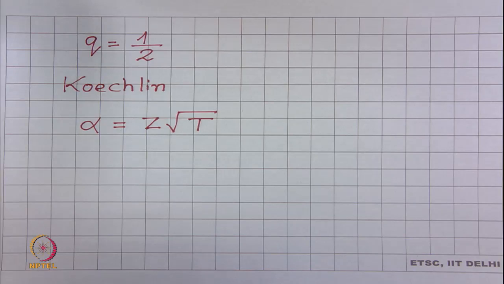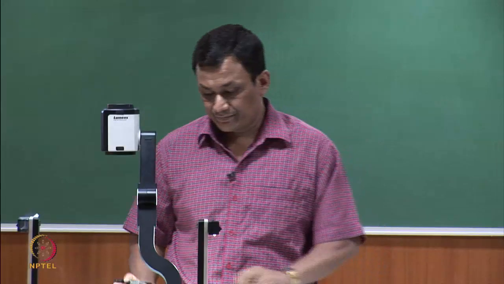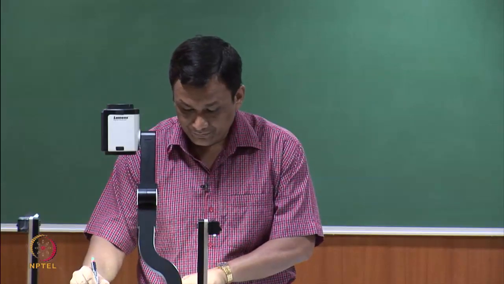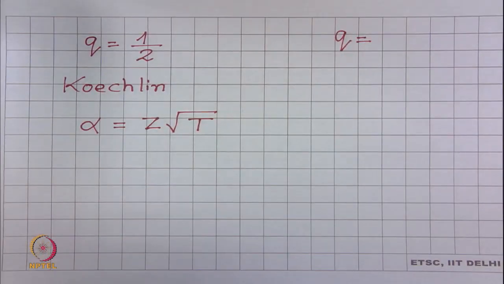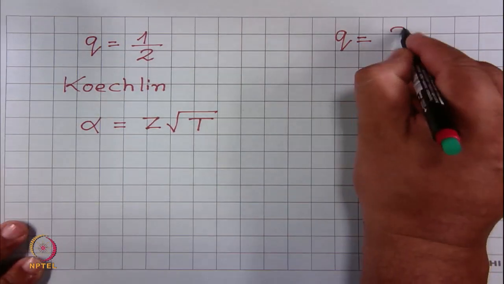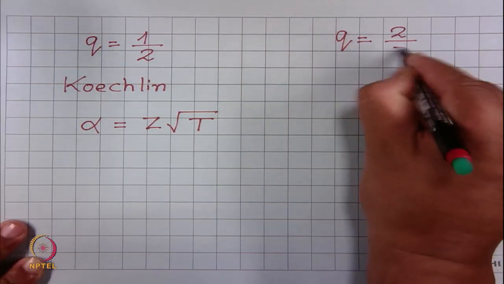But in some parts of the world, especially Eastern European countries, q is not taken as half, q is taken as 2/3.